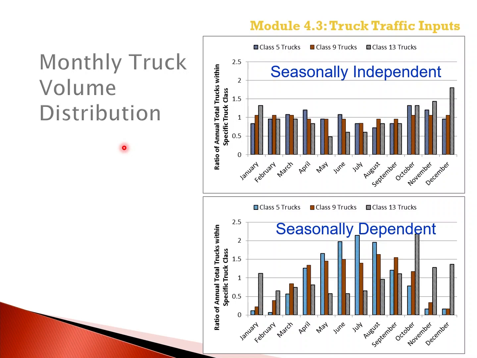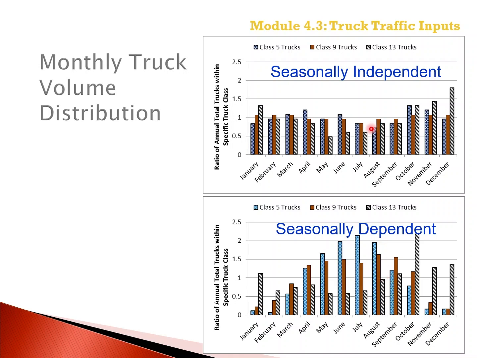As an example, the monthly truck volume distribution factors shown on this slide are considered seasonally independent. In other words, most of the monthly adjustment factors are very close to 1, and seasonally dependent, where the monthly adjustment factors are significantly different from 1.0 or the default value.